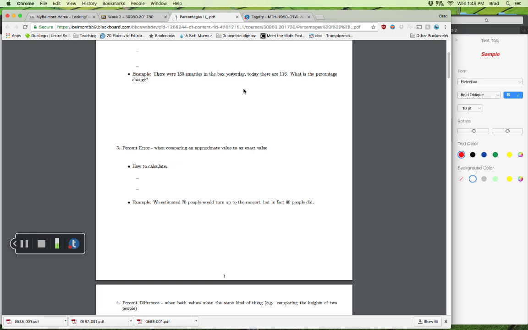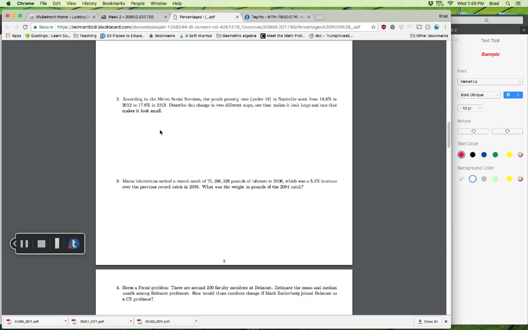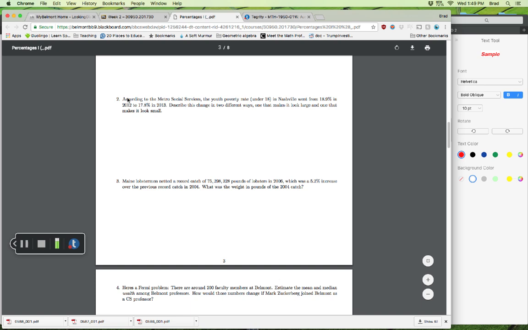One of the common tools we use for that is percentages, right? And so we want to take a minute to make sure we really understand them well, how they can be used both appropriately and inappropriately, and then get used to using them on our own in the best way.